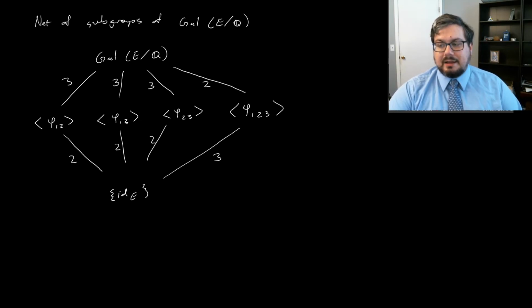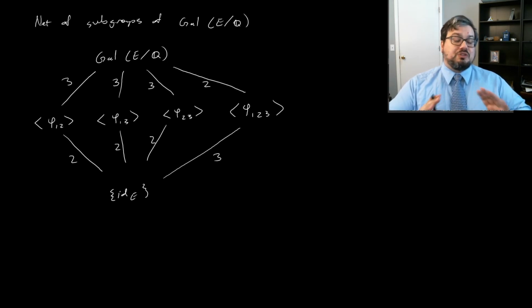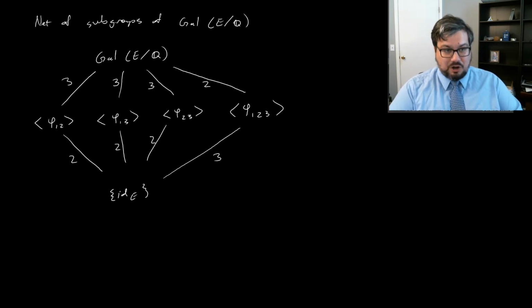Now, in order to use this to construct the net of subfields of E over Q, we want to know what the fixed fields are of each of these subgroups. So let's start working on that. Now, the fixed field of the identity element is just the whole field itself.